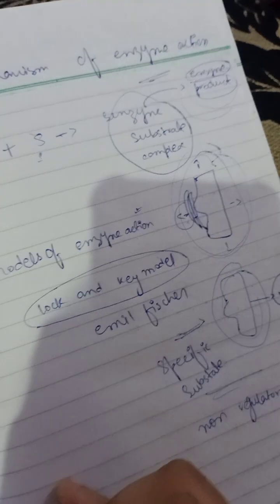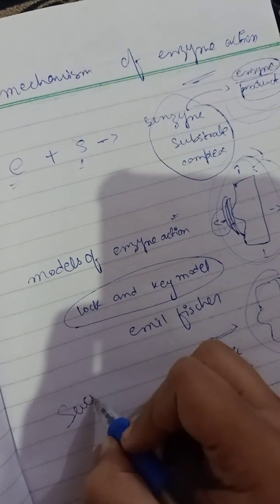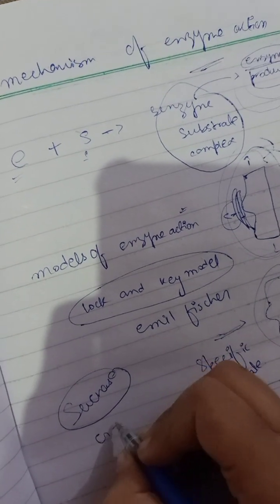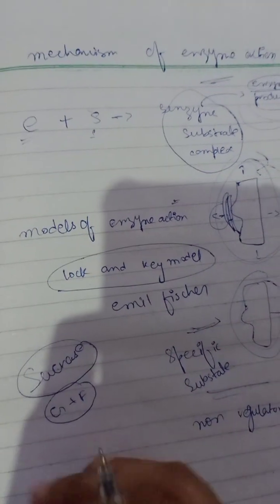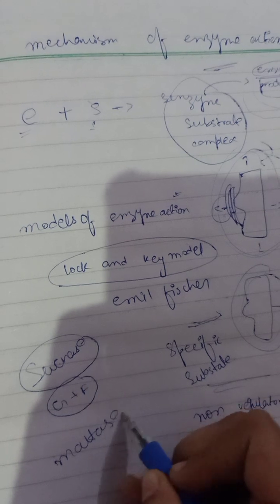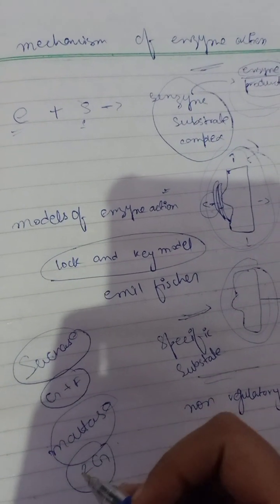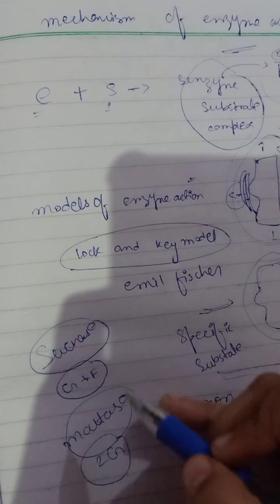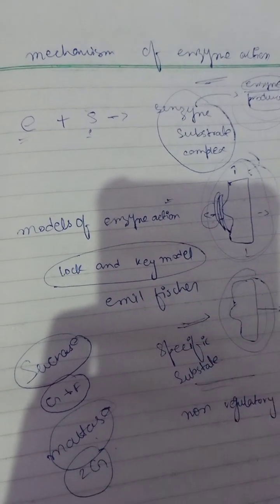For example, sucrase works on sucrose, breaking it down into glucose and fructose, as well as maltase that breaks down maltose into glucose. This enzyme will not work on that substrate and vice versa. So they are specific substrates with specific enzymes.